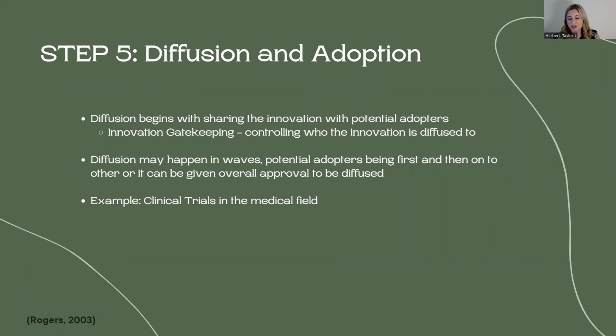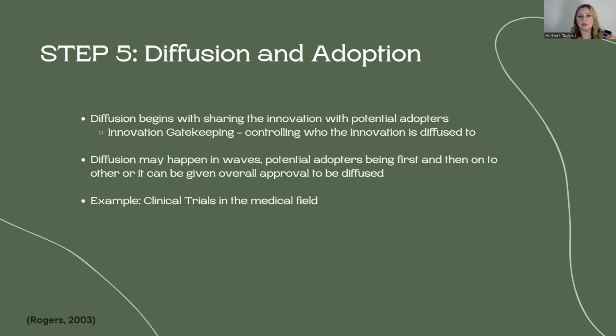This is what I was talking about a few moments ago, that information exchange being so critical. It's so critical that they created something called innovation gatekeeping, which is controlling who the innovation is diffused to first, or who it's diffused to at all.